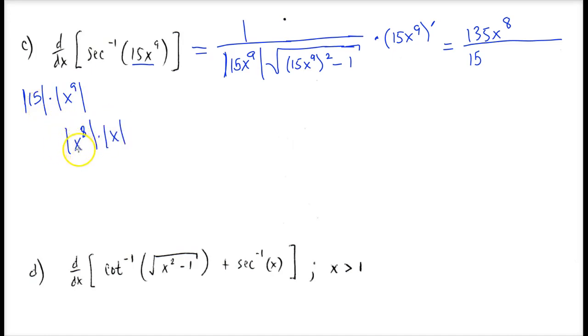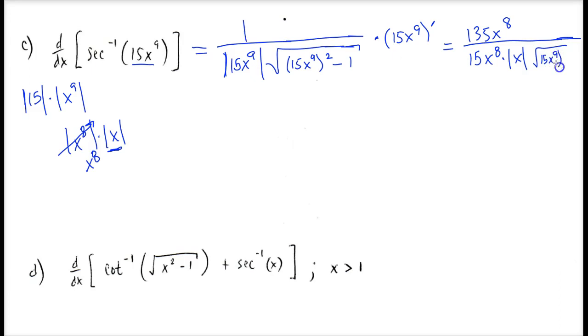And so we know that x raised to any even power is always going to give us a non-negative answer. So this part we can just simplify to just x raised to the 8th. But here we have to keep that absolute value of x there. So we're going to rewrite 15x raised to the 9 as 15x raised to the 8 times absolute value of x. And then we'll go ahead and write in the rest of this.